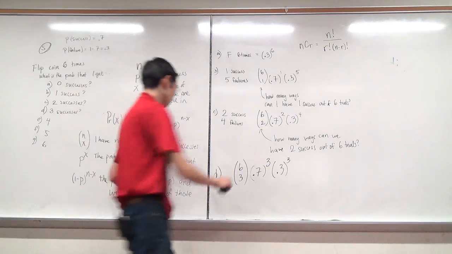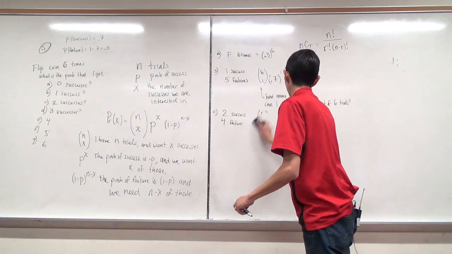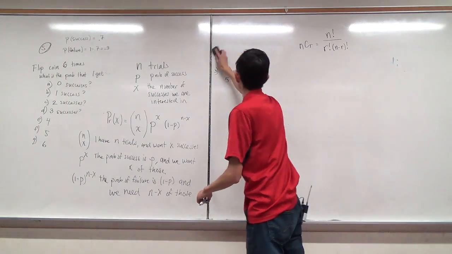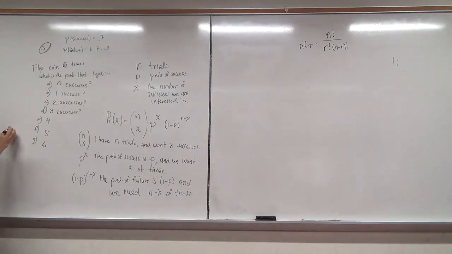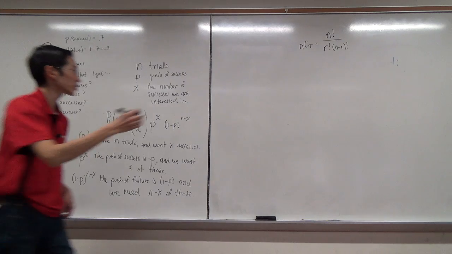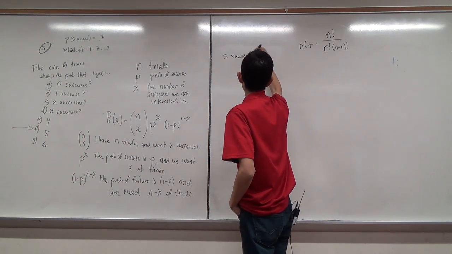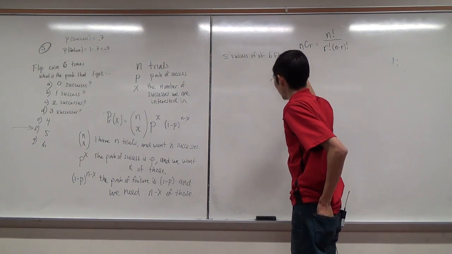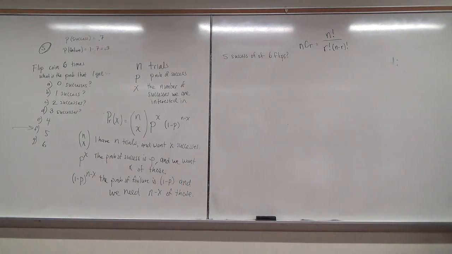So we'll talk this through for, let's do f here, okay? So what's the probability of getting 5 successes out of 6 flips? Let me just make sure I'm doing okay on that.